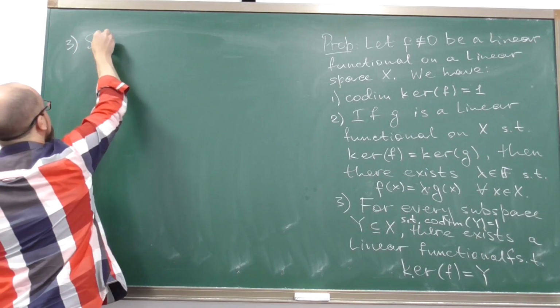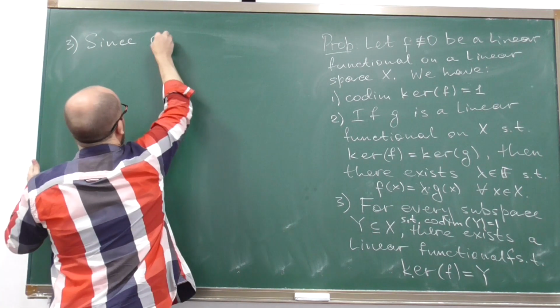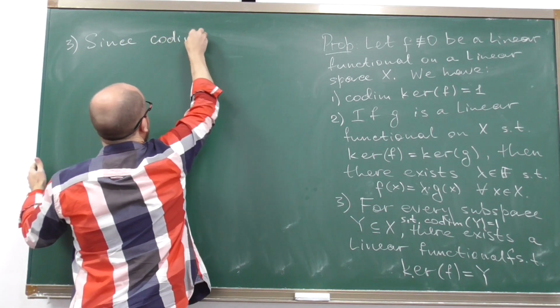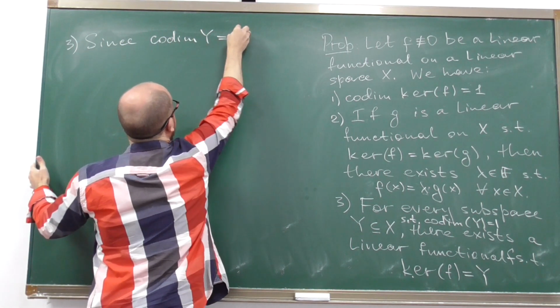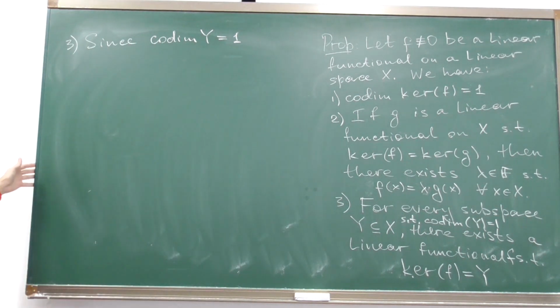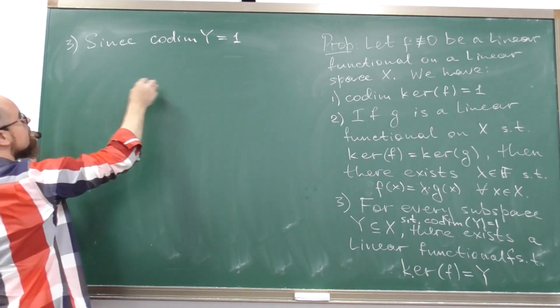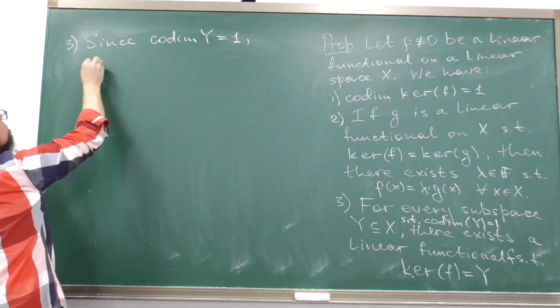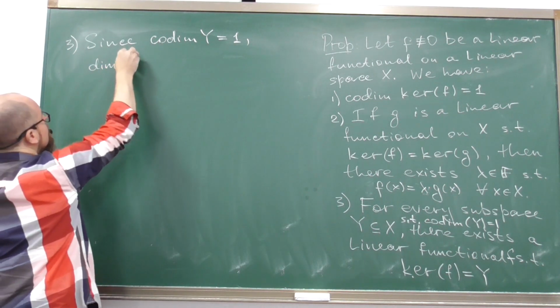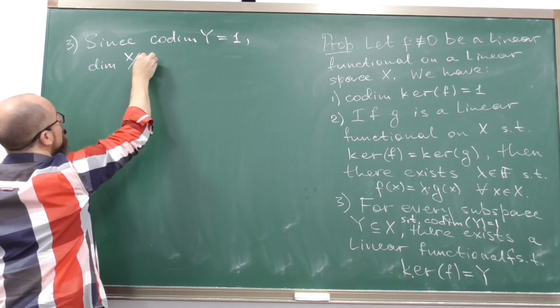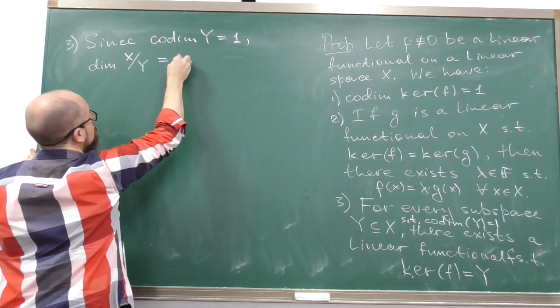So since the codimension of Y is 1, well, by definition it means that the dimension of X over Y is 1.